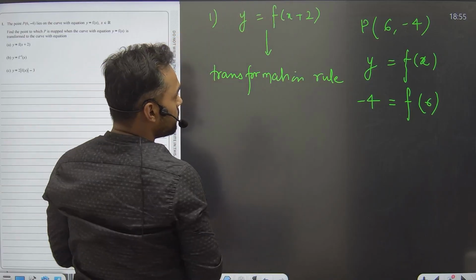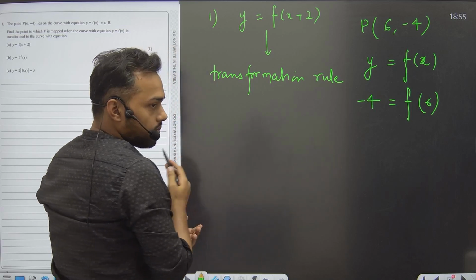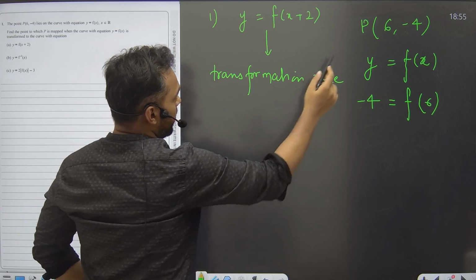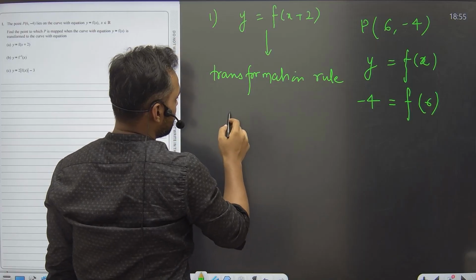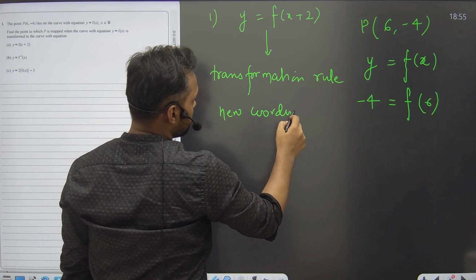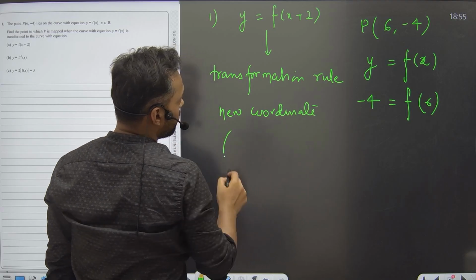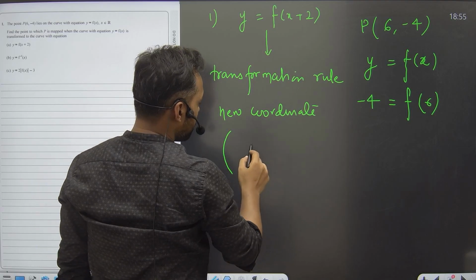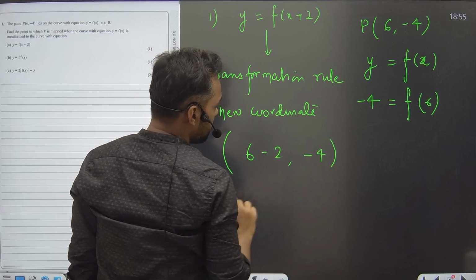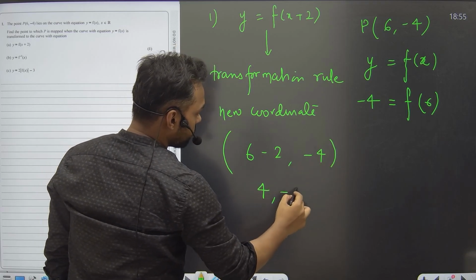Here it is positive 2, so the translation will be towards the left hand side. That means the x point here will be the new value, new coordinate will be, there is a change in x, so it will be 6 minus 2 comma minus 4. This is the new coordinate. You will get 4 comma minus 4.